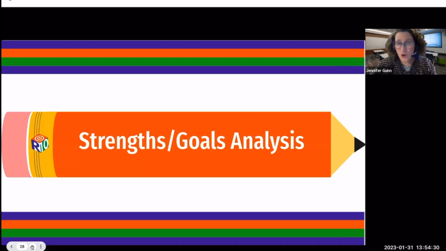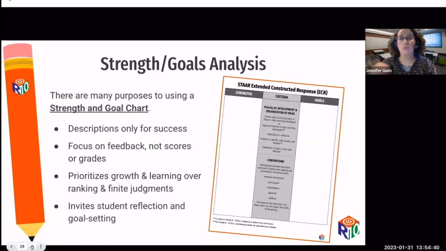And on that note, we're going to talk about some strength and goal analysis and feedback that we want to provide students, centering again that number one priority for ideas. So there is a link in the slide deck so that you can access the strength and goal chart in full. We have aligned the center column of the chart to the language of our rubrics.